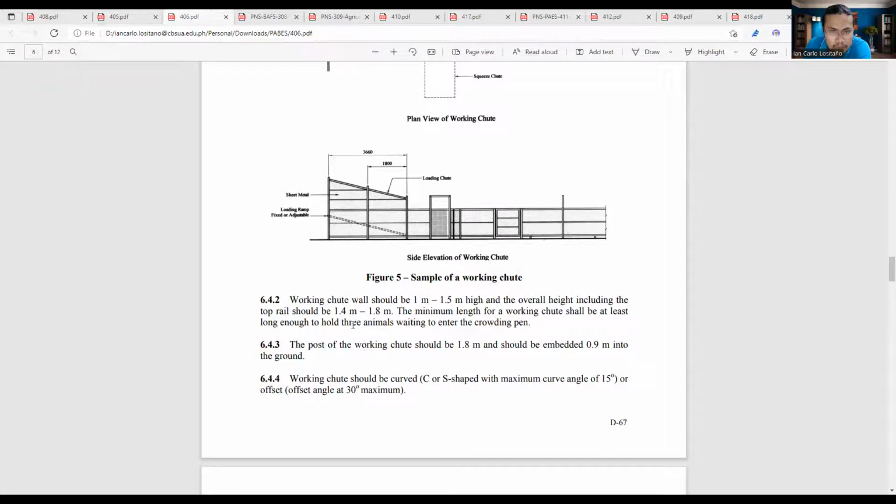Again, the recommendatory values for the height of the wall and the top rails, okay, as provided. And you have the post, okay, it is also recommendatory in terms of dimensions and the depth into the ground. Okay.